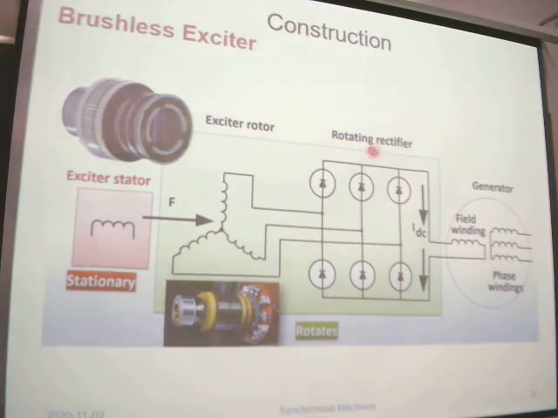So this is a complete, complicated system. The voltage here is high, but the voltage here is low because it is low power. But here the power is high.